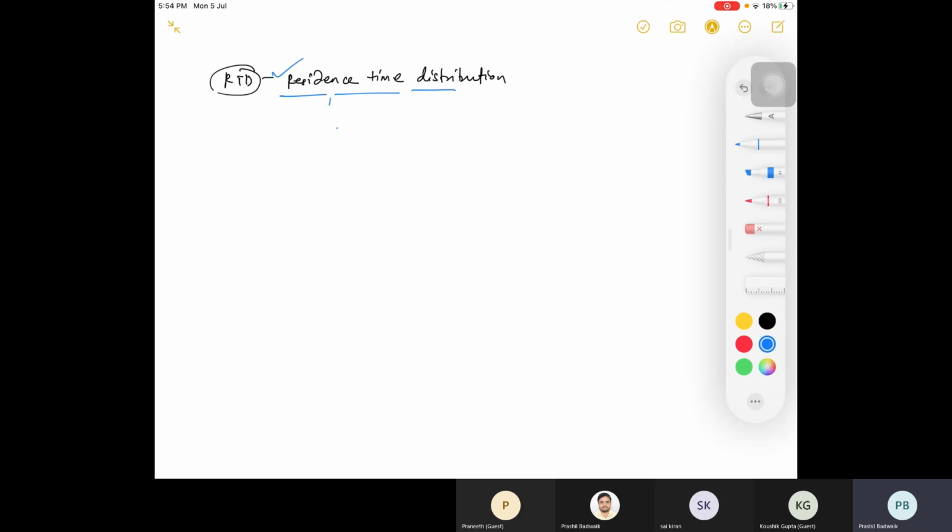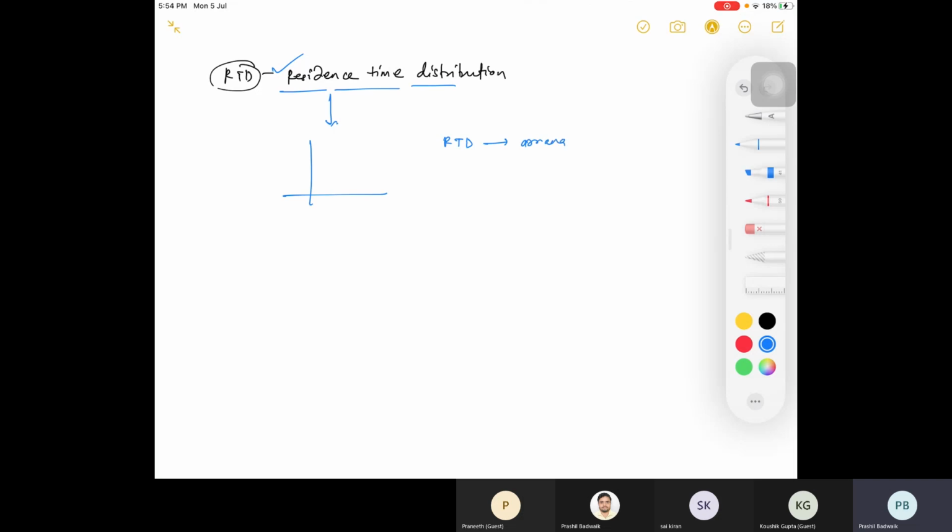Based on this method, you can predict your reactor arrangement. Suppose RTD is given, you can guess what the arrangement of the reactor is, and if you know the arrangement of the reactor, you can guess what its RTD will be, right? These two conditions you know.